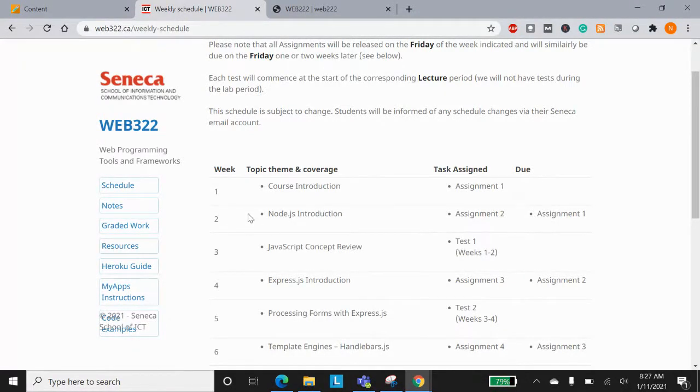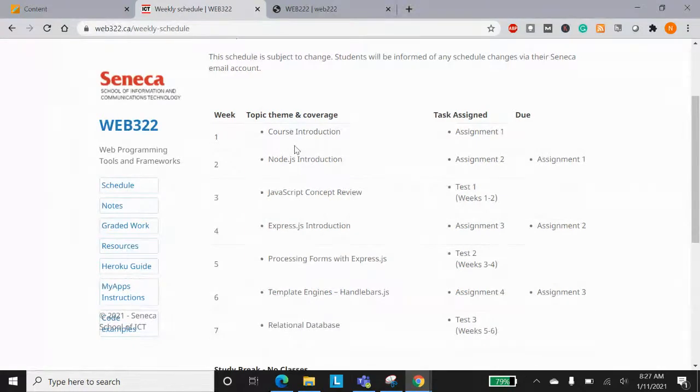This first week is the introduction of the course, as we are doing right now, and we'll discuss lots of technologies and new things. Today we'll be setting up our account and a few other things, making the base for our course, and then we'll use that base to go all the way.